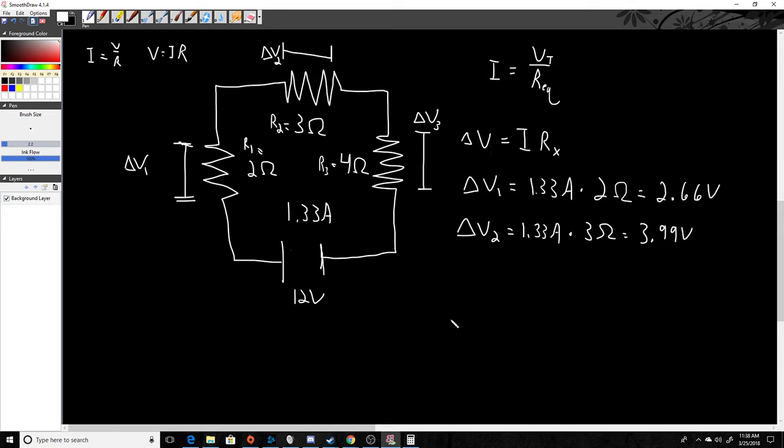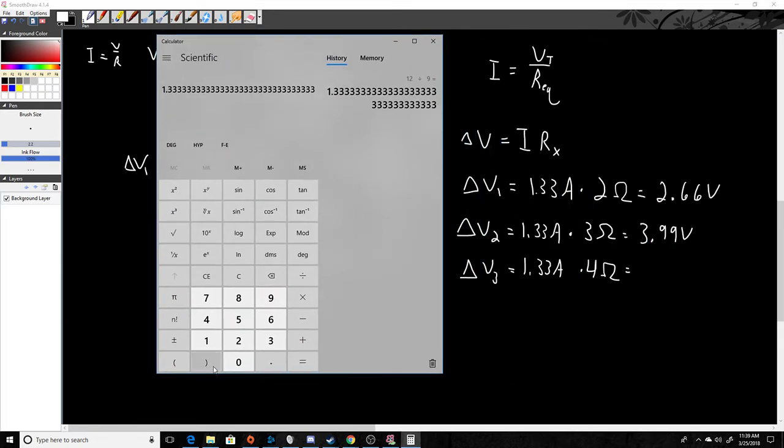Now the last one, the voltage drop off for that biggest resistor, which was 4 ohms, so 1.33 amps times 4 ohms. Let me just take a quick look. I'm going to guess 5.32, but let me double check. 1.33 times 4, 5.32. All right, that's not too bad.